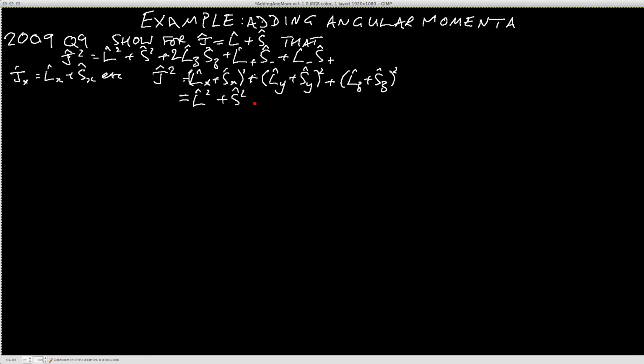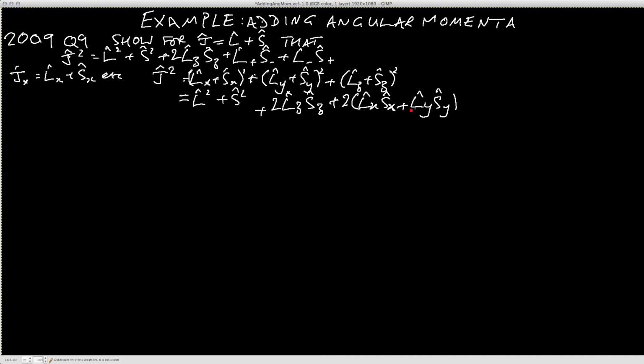And then you also end up with plus 2 Lz Sz, and plus 2 Lx Sx plus Ly Sy. You get that because you have to remember that L and S commute. Sorry, I said don't commute, I meant do commute. So L and S commute with each other because they act in different spaces.